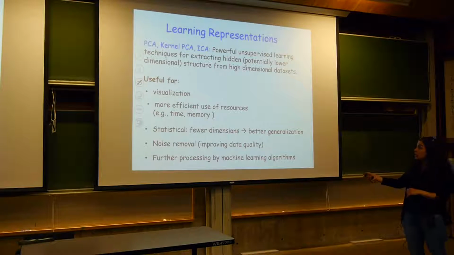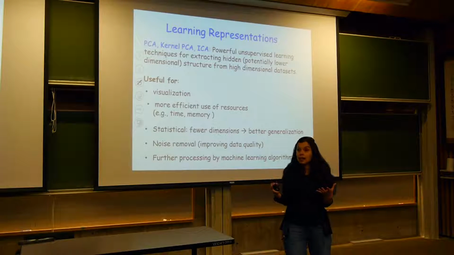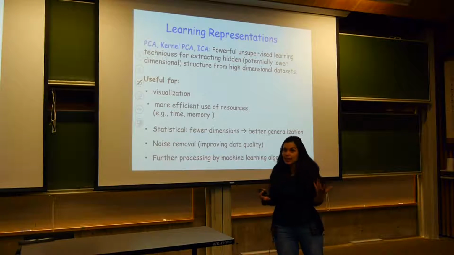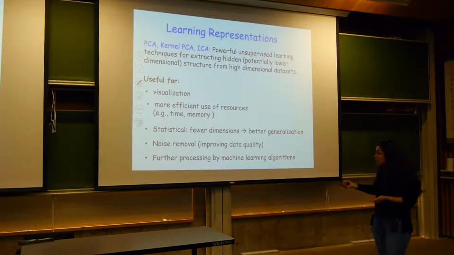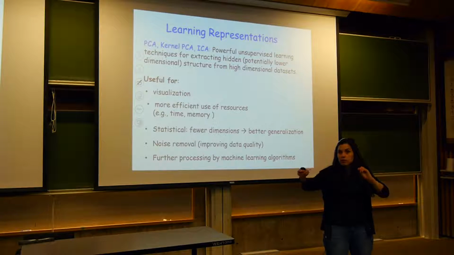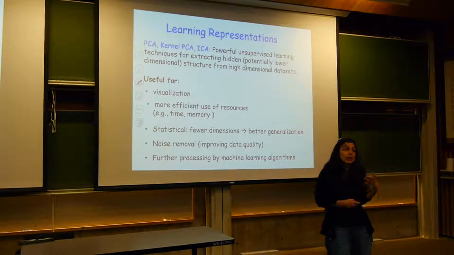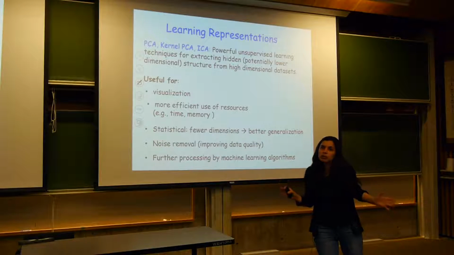Another reason, which many people like, is that we can visualize the data better. Sometimes it's good to understand the data also. Yet another reason is that if we manage to extract fewer dimensions that capture the data well, we might even get better generalization, better statistical properties. Because we often know, very roughly speaking, that the number of samples we need might scale with the dimension.